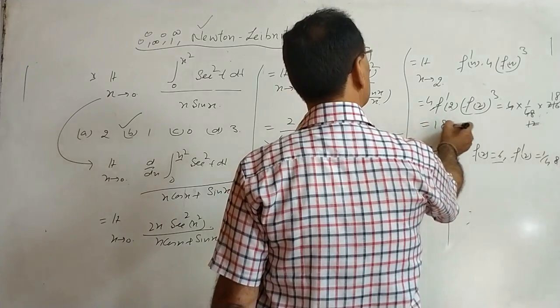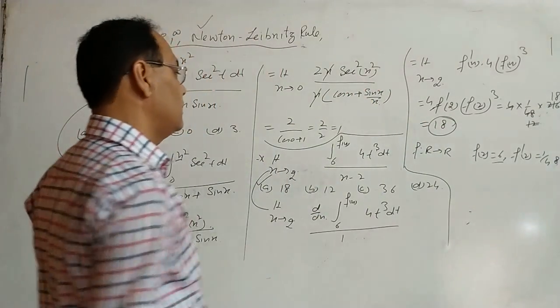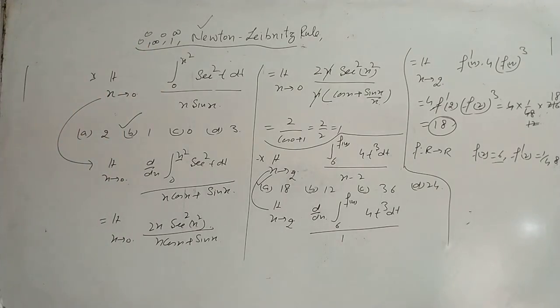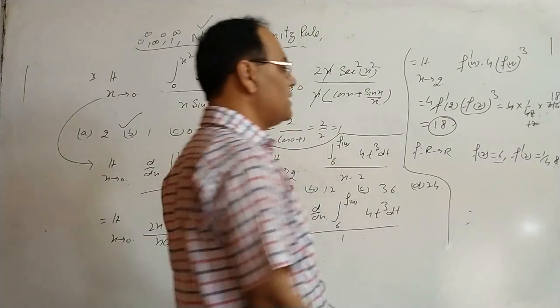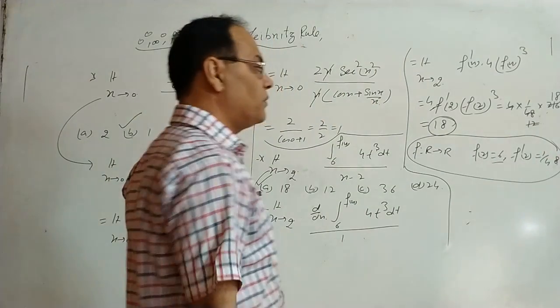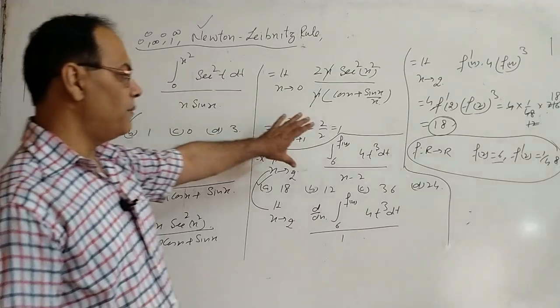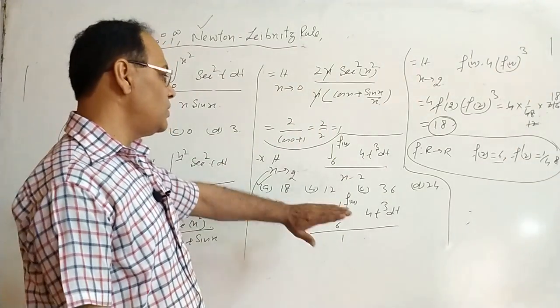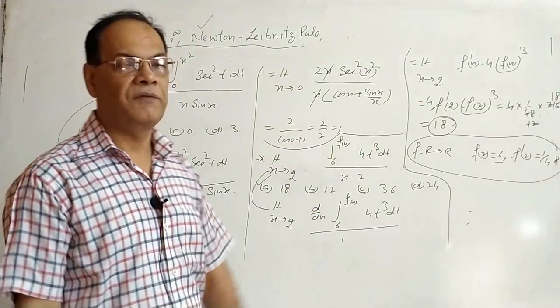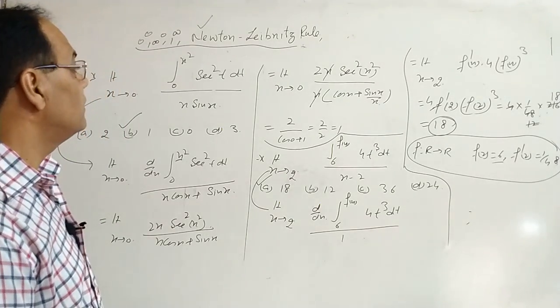Its limit must be 18. So what should be the option? This. Now in this question it was given that f is a function from R to R, f of 2 is given, f dash 2 is given, then evaluate its limit and check the option out of these 4 options. And you see the answer will be 18.